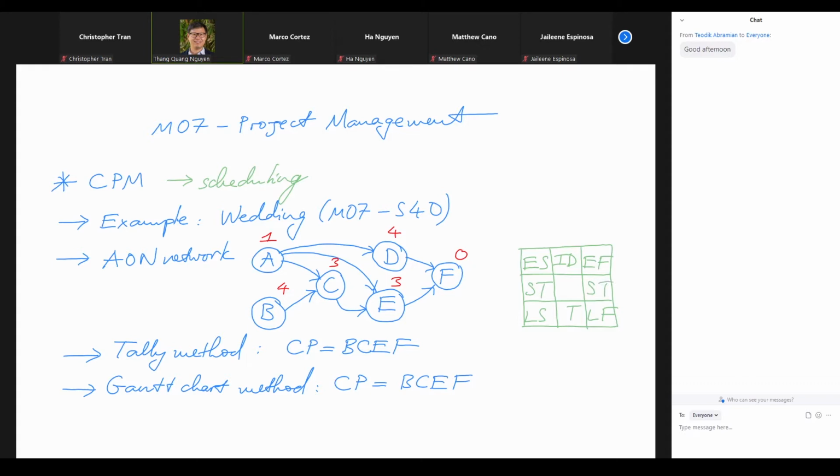So again, the third method is called the boxed AON project network method, because we're going to replace all these circles here with these kinds of boxes. So what we are doing next is we replace all of these circles by the boxes. Okay, so let's start that method.